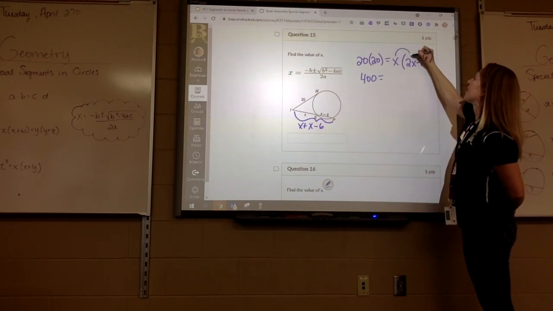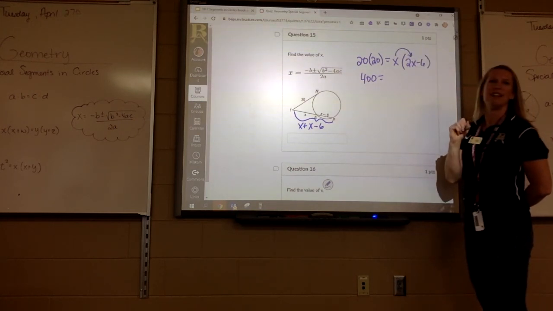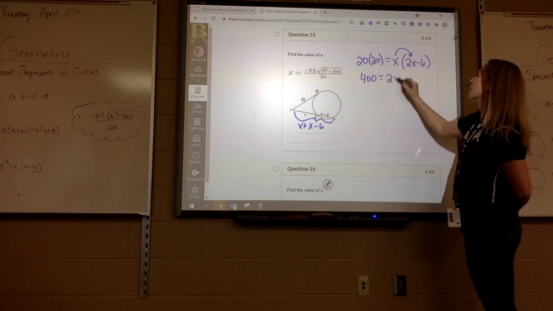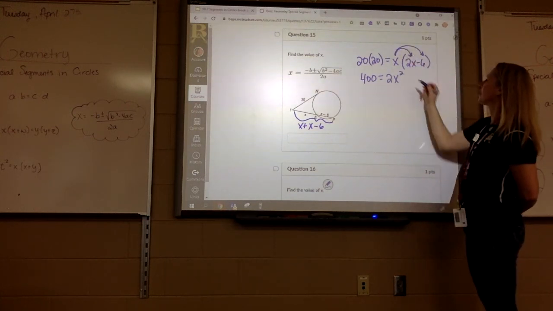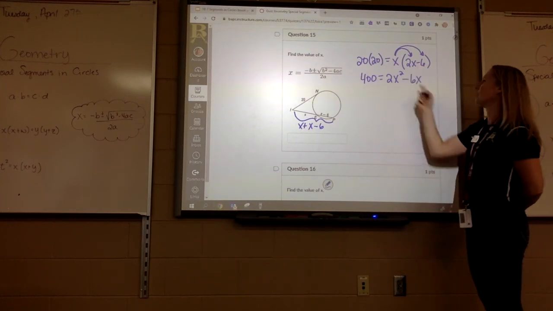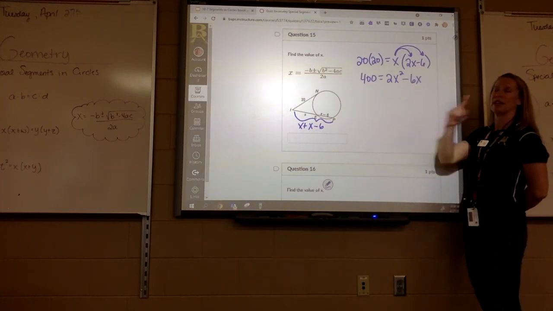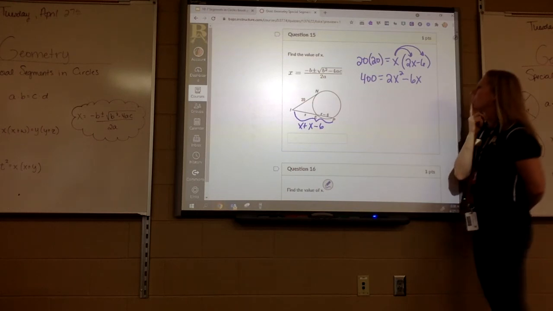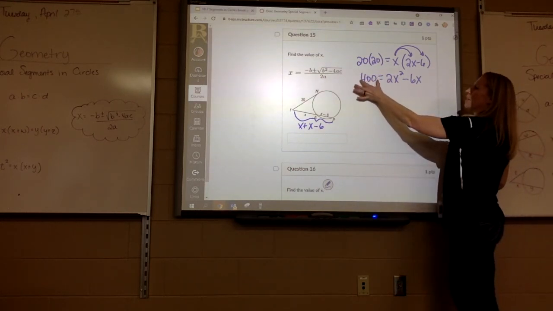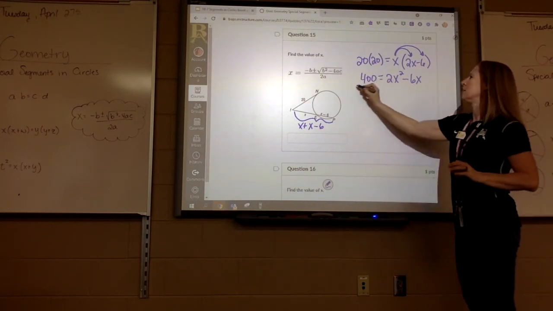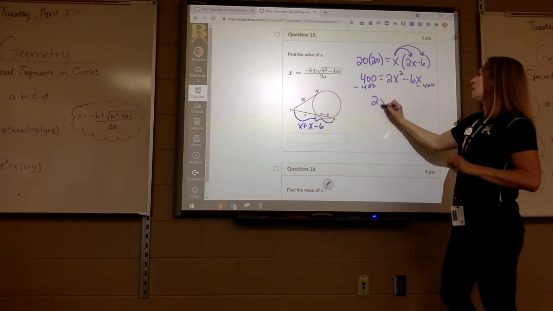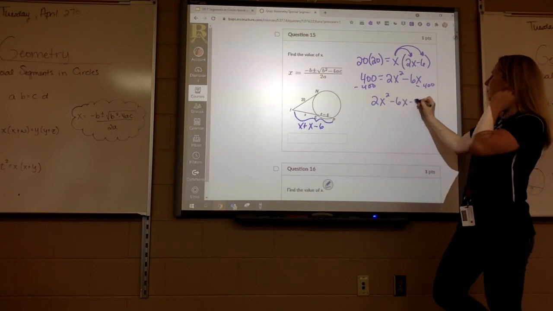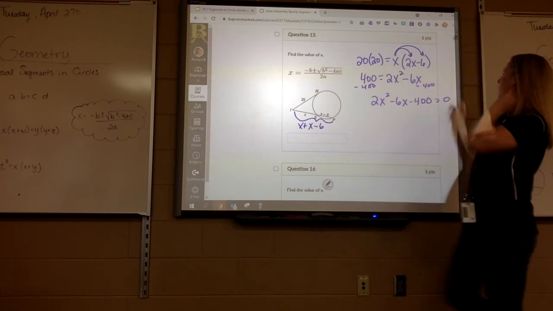So x times 2x is what? 2x squared. X times negative 6, negative 6x. Okay, this is going to be good because our b is going to be negative and we need to talk about that. Okay, so I need to get this 400 to the other side, so minus 400. 2x squared minus 6x minus 400 equals 0.